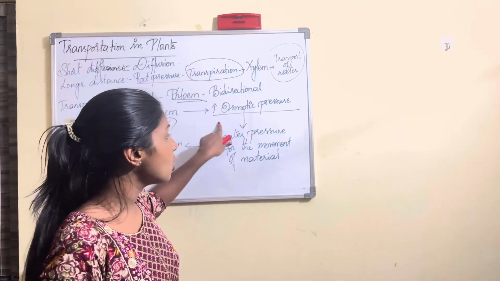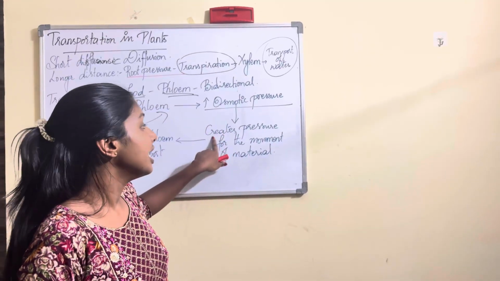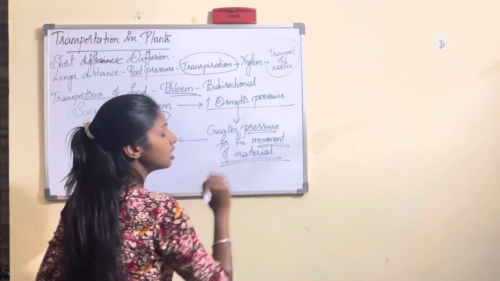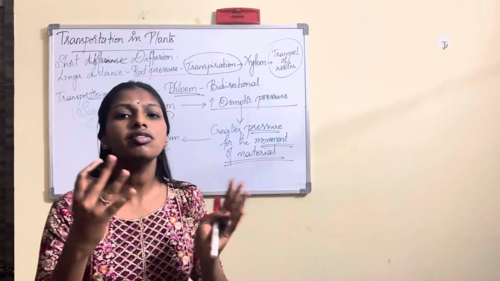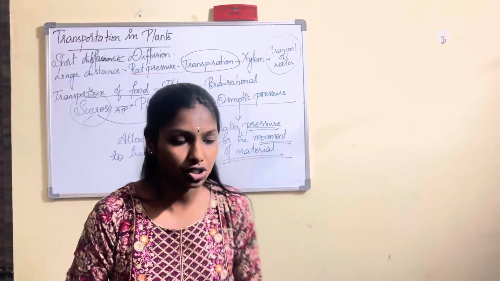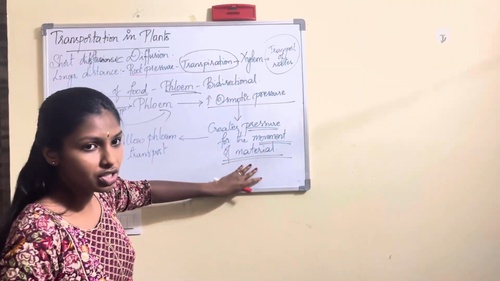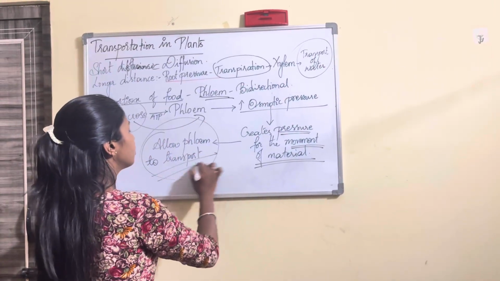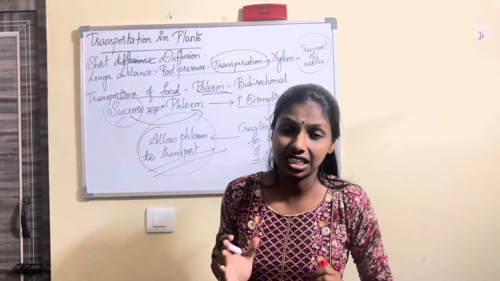Once the osmotic pressure is increased, it creates the pressure for the movement of the soluble material, which we call translocation. Once the pressure is created, it allows the phloem to transport the materials.